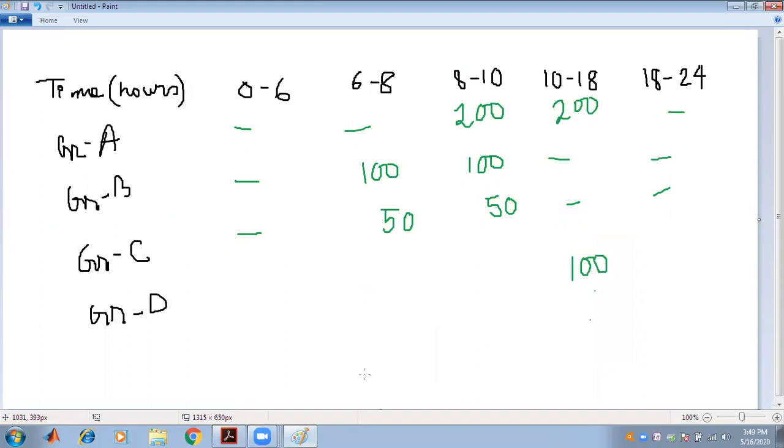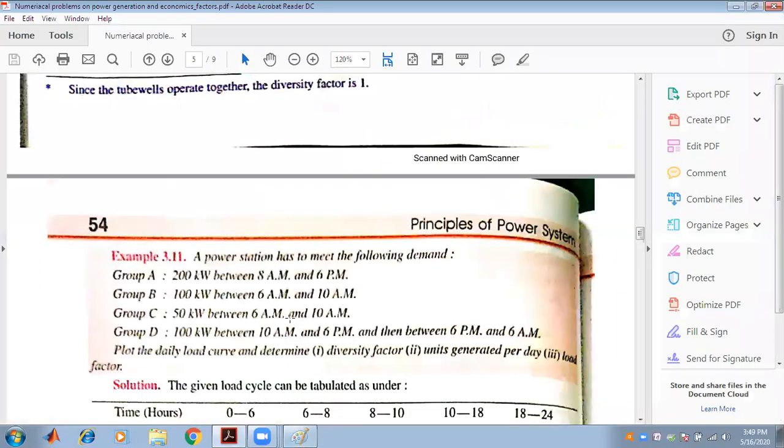Okay, from 10 a.m. to 6 p.m. Now, and then between 6 p.m. and 6 a.m., means from 6 p.m. night to 6 a.m. morning.